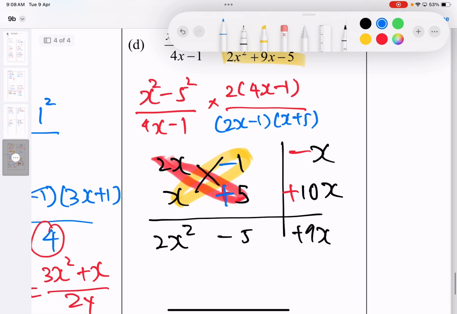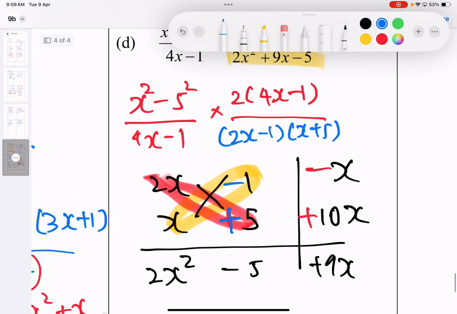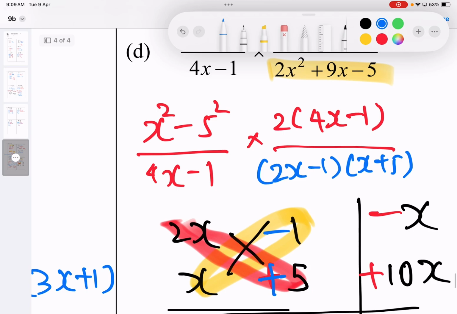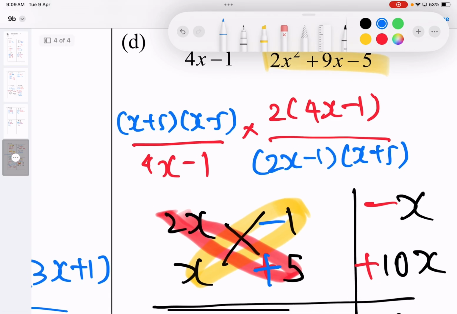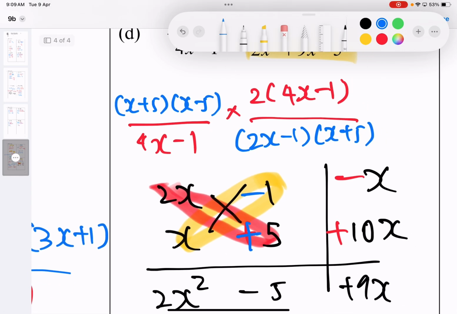Now you just cancel the same thing. Here are x squared minus 5 squared. I straight away write in the factorized form: x plus 5, x minus 5. All of you should know this by now. Last step, cancel all the common terms. All the common factors you cancel. x plus 5 cancel x plus 5. 4x minus 1 cancel with 4x minus 1.